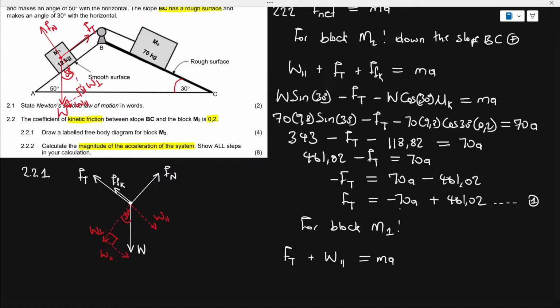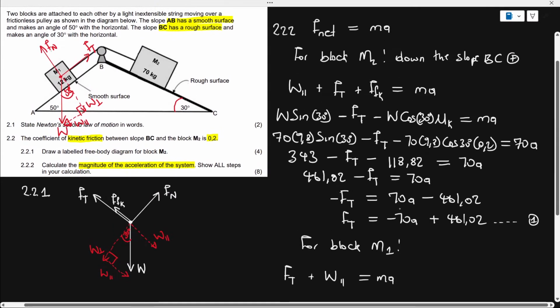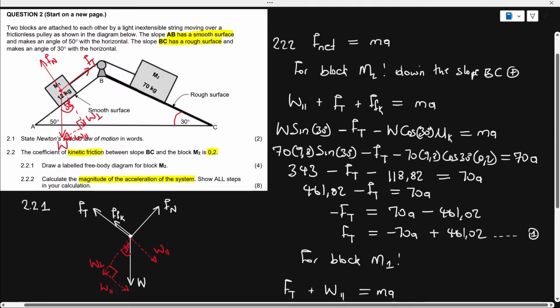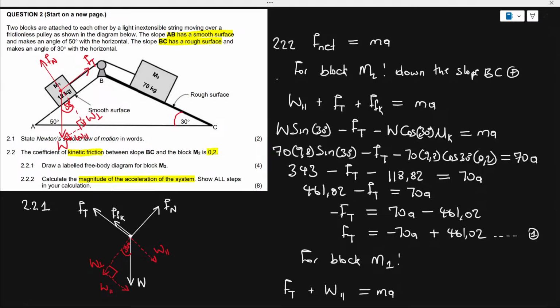But even here, note that since we had chosen down the slope BC as our positive direction, for block M1, our positive direction must be up the slope along AB.